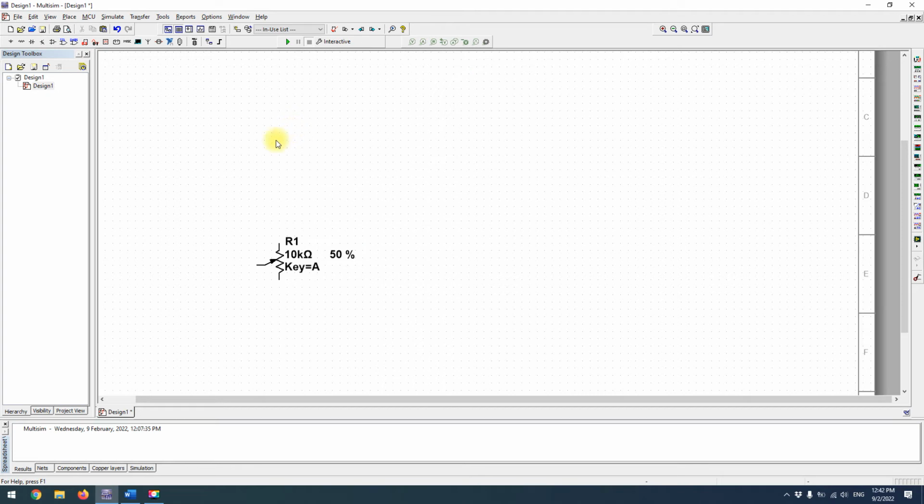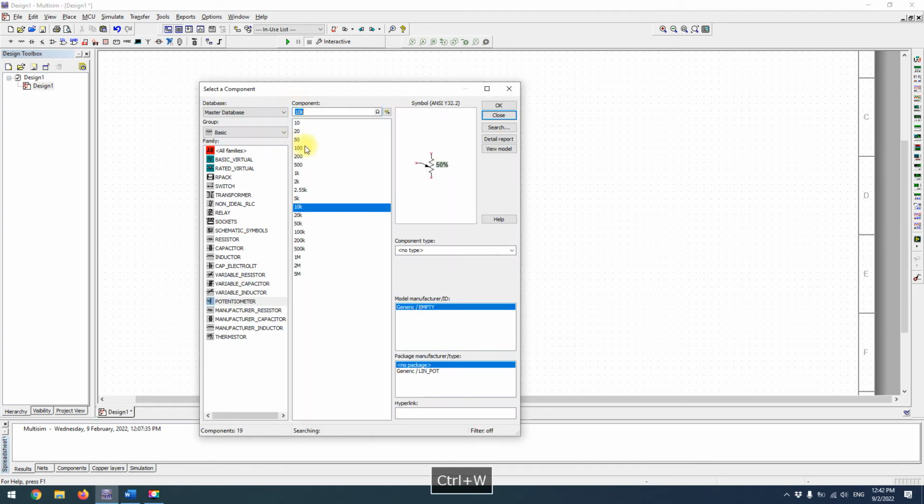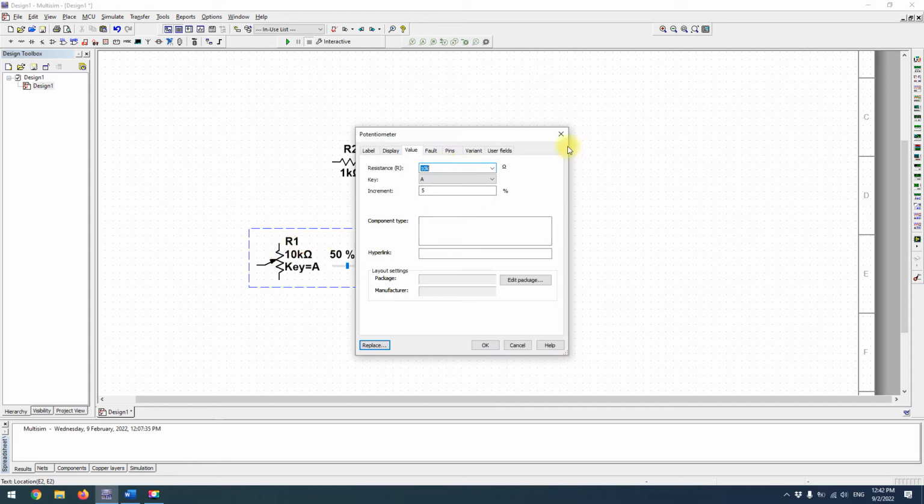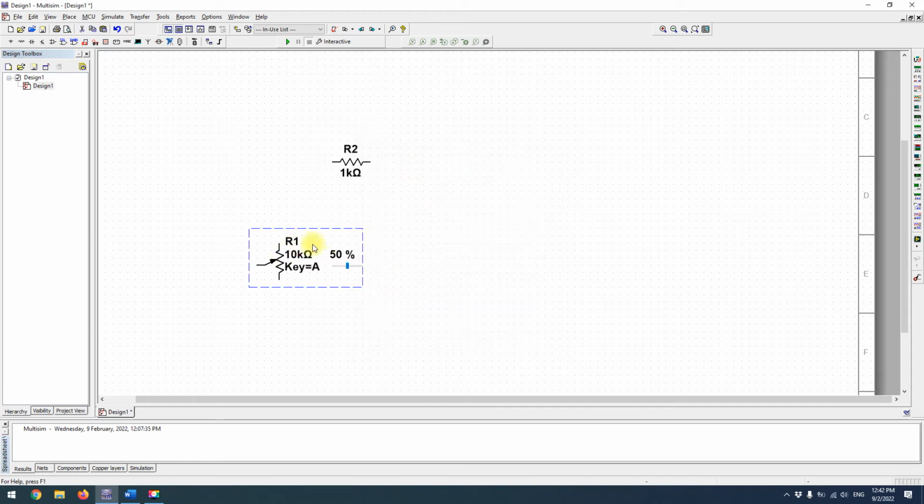Now we need 3 resistors, so Control W again, and then the resistors. 1K, and we're just going to copy paste it. I think we should have gone with a different value, but it's okay, we will leave it as it is. You can change it, it's not an issue.